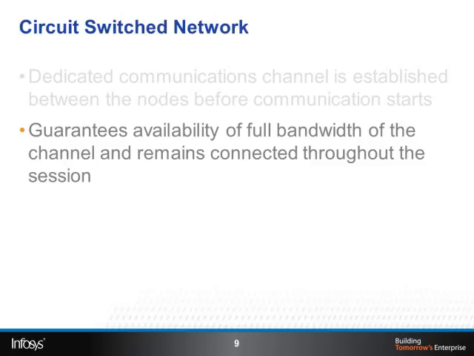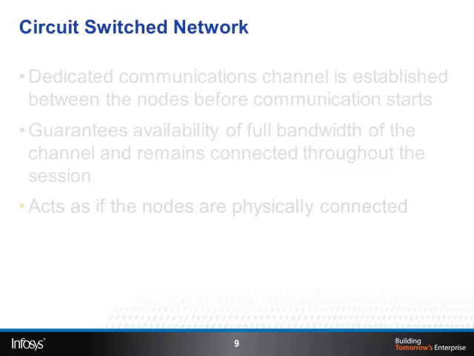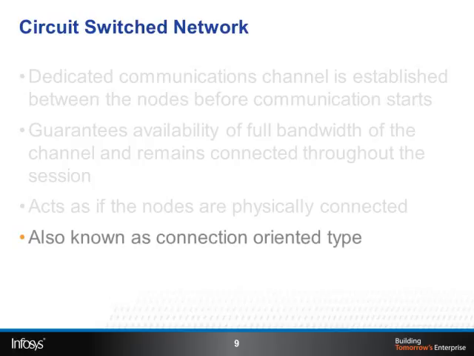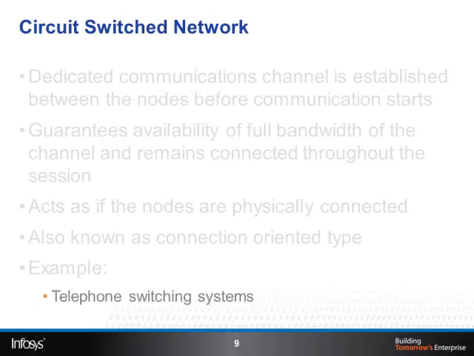In a circuit switched network, the communicating nodes act as though they are directly connected. As there is an established dedicated communication path, it is also called a connection-oriented network. An example for circuit switching network type is the telephone switching system.